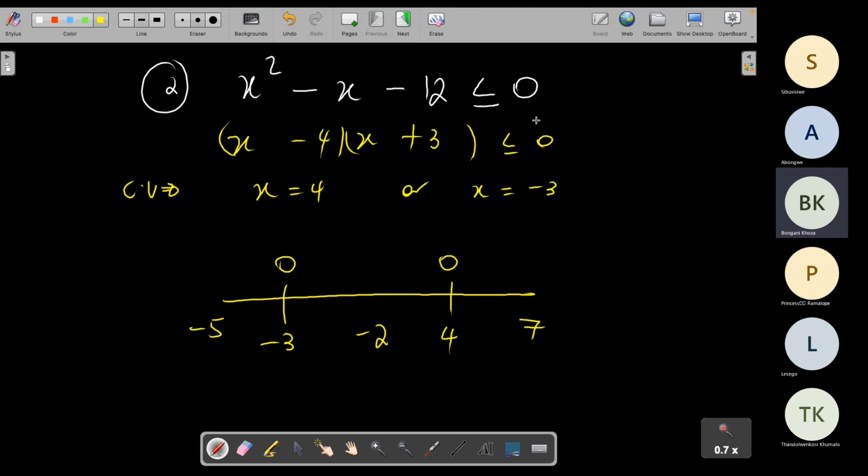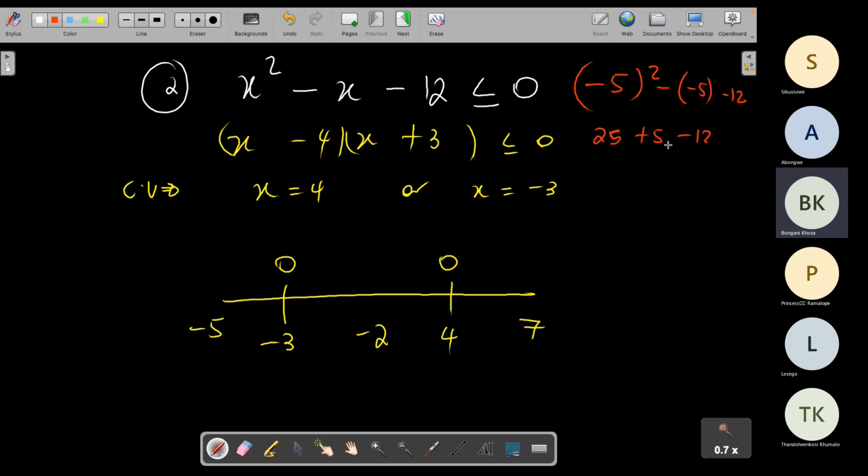So remember what we are doing. We take these numbers, plug them into the original equation and see which sign they give us. Here you'll have -5 squared minus -5 minus 12. This gives 25 positive, plus 5, minus 12.